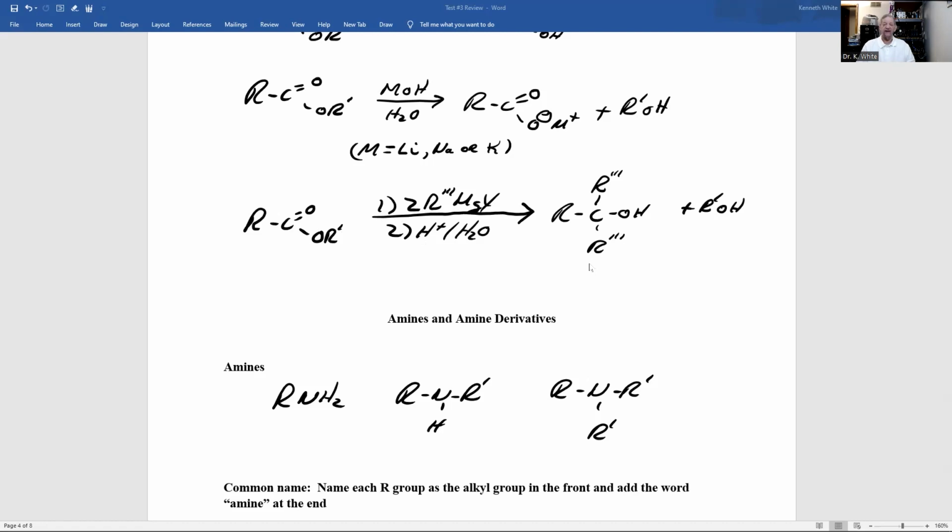The first one, you make not 1, but 2 carbon-carbon single bonds from the Grignard to get this alcohol. And the OR prime gets kicked out, to make the second alcohol. Now, this reaction I will never, ever give a synthesis problem on, but I will give the product or products. So let's try one.